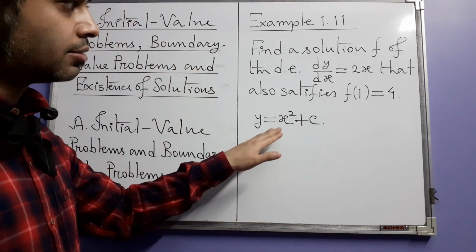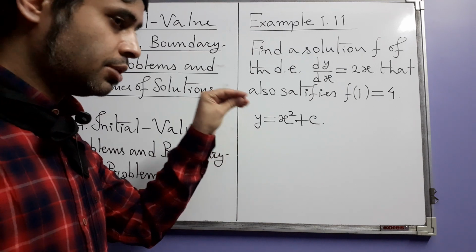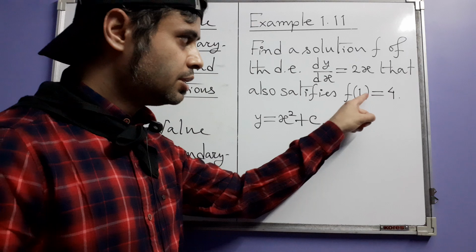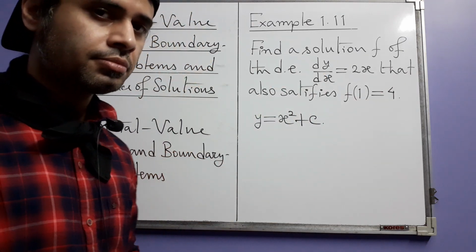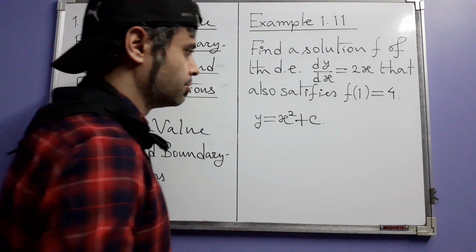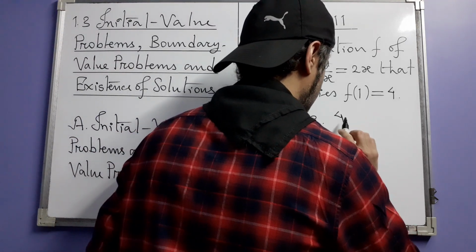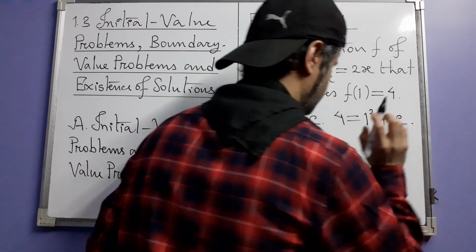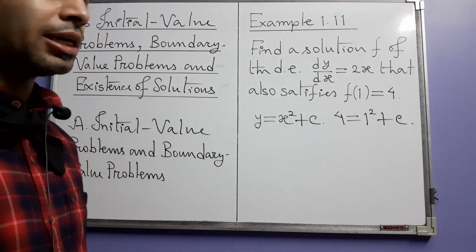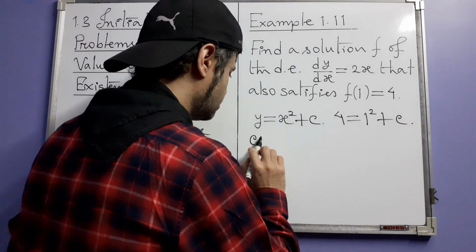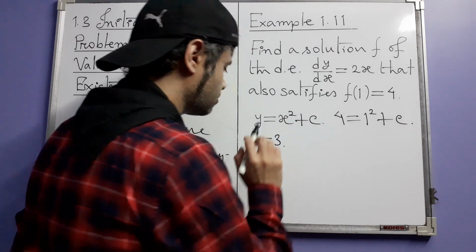So now we are seeking that member of this family which satisfies this condition. That means when x is 1, y needs to be equal to 4. That is what we require. 4 should be equal to 1 square plus c. But then what happens to c? C has to be equal to 3.